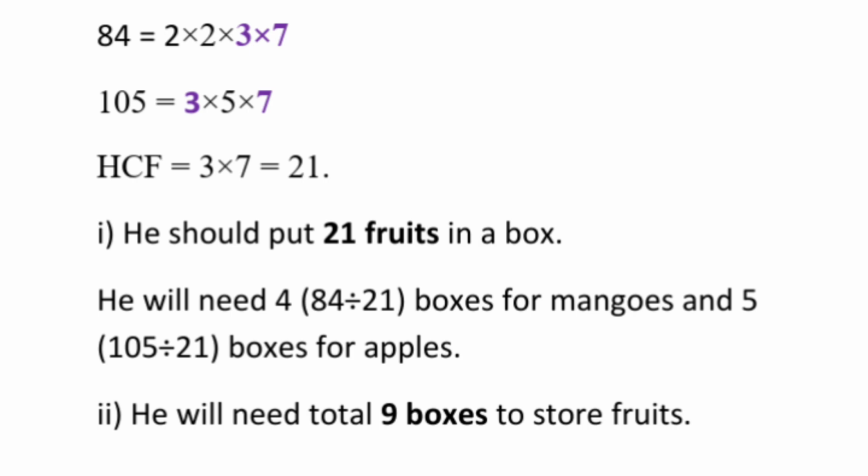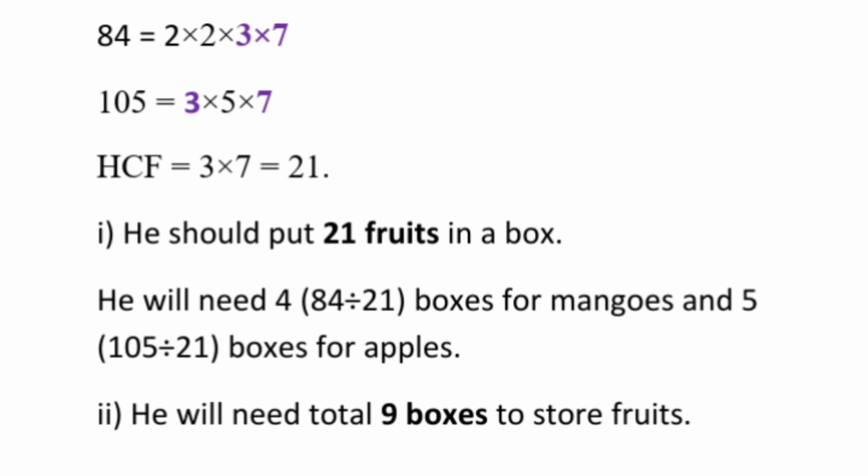Then 105 is equal to 3 5s are 15 and 15 7s are 105. So the common factors are 3 and 7. SCF is equal to product of common factors, that is 3 into 7, 3 7s are 21. So here SCF is 21. So here we will get our first answer, that he should put 21 fruits in a box. For mangoes also, apples also.